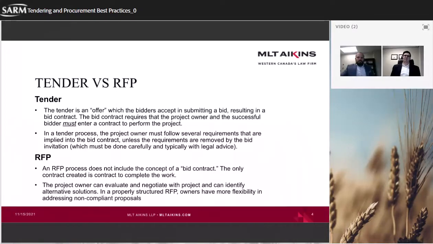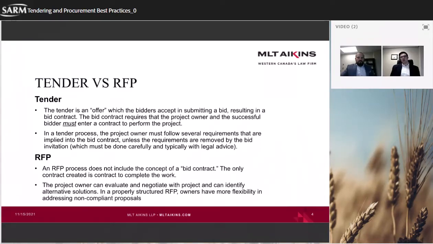An RFP, on the other hand, doesn't have this idea of a bid contract, where by submitting the bid they're promising to enter the final contract for that price and on those terms. The only contract is the one that you might agree to later. So there's the ability to negotiate, evaluate proposals more holistically, and identify alternative solutions.